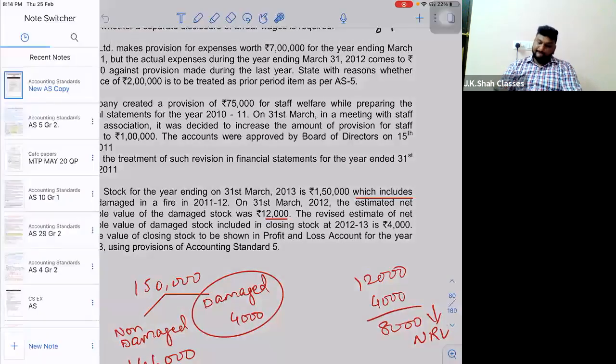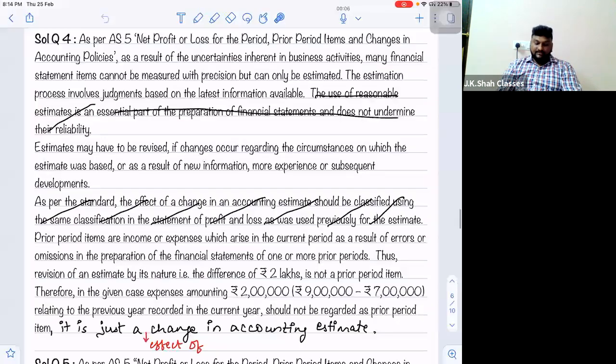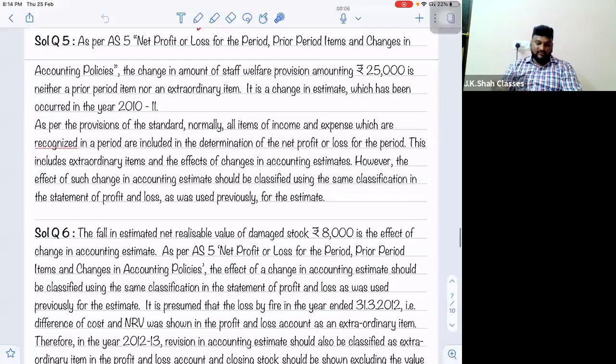So let's have a look at the solution for this question. Question number 5. Now what it says, as per AS 5, net profit or loss for the period, the change in the amount of staff welfare provision amounting to 25,000 is neither a prior period nor an extraordinary item. It is a change in estimate which has occurred in the year 10-11. Now, as per the provisions of the standard, normally all items of income and expenses which are recognized in a period are included in the determination of net profit or loss for that period.